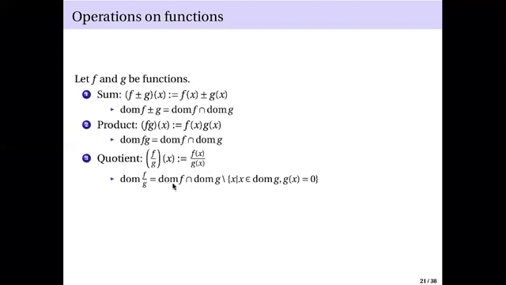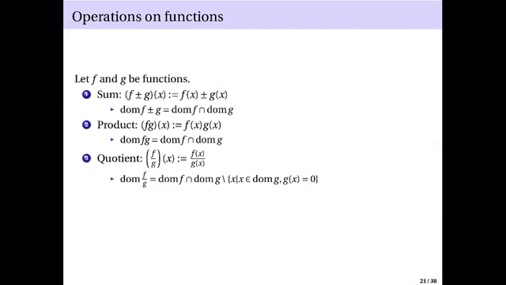So aside from getting the domain of f and the domain of g, aside from getting the intersection, you also remove those x's that will make g of x equal to 0. So take note of that. This will be clearer when we consider examples later.